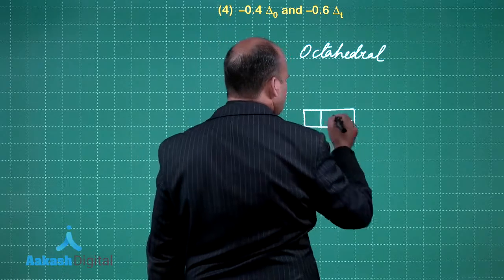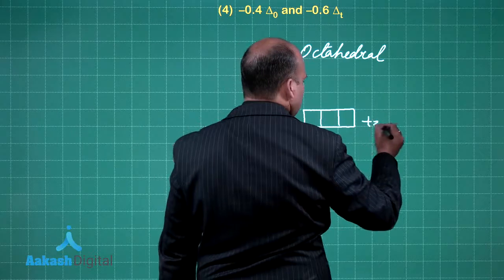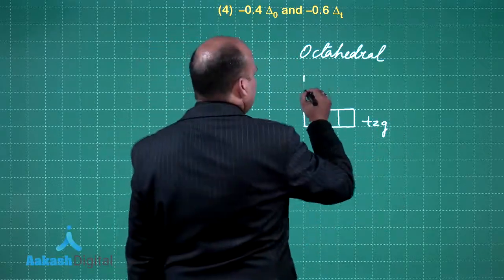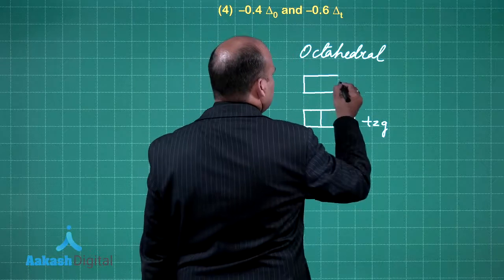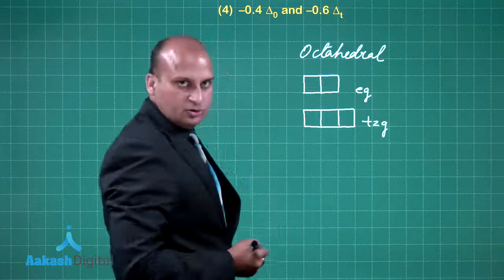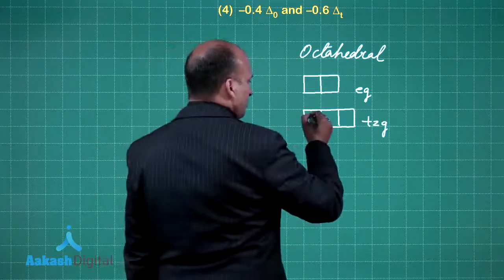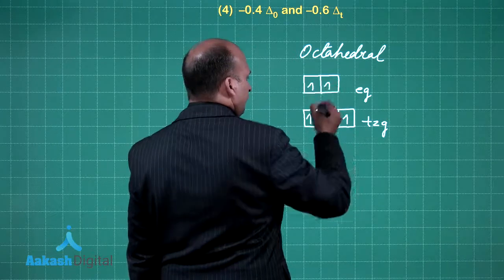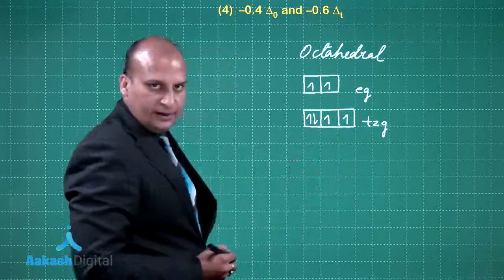You have the t2g orbitals at the lower energy and eg orbitals at the higher energy level. Now, there are 6 electrons. So, how do you fill it up? 1, 2, 3, 4, 5 and 6.